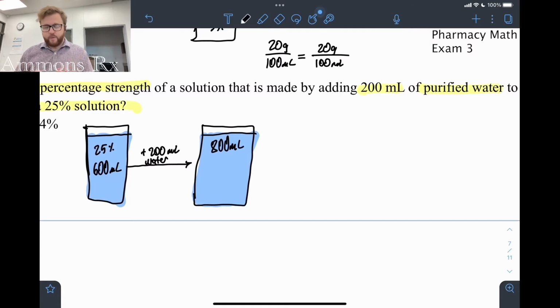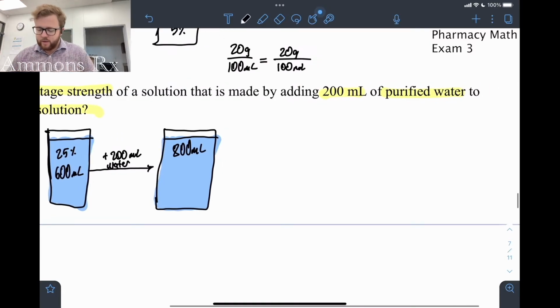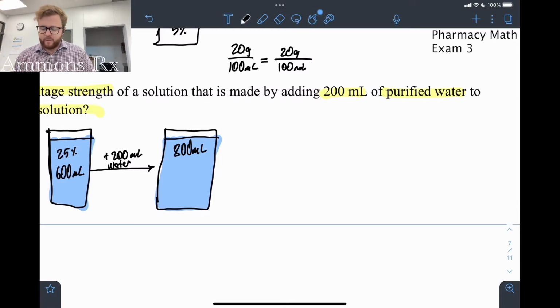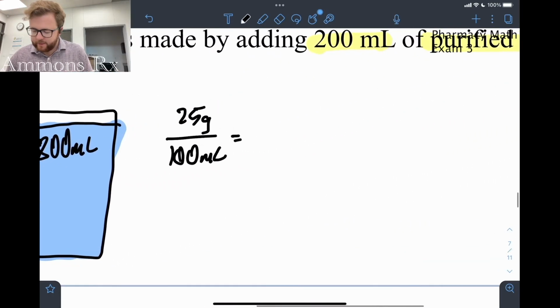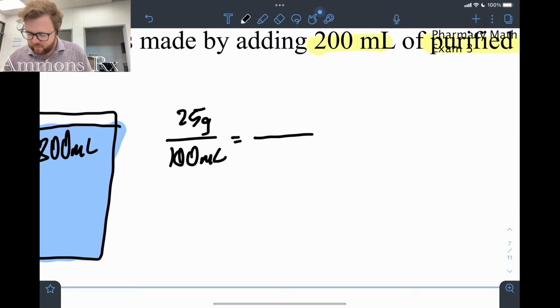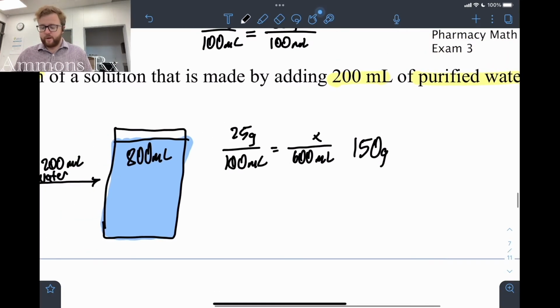So all we did was take our original container, we didn't touch any of the part of the drug, and we added 200 mils of water. So we need to ask ourselves, how much drug was that in the beginning? So our 25% was 25 grams over 100 mils, and we had 600 of it. So 25 times 600 divided by 100 is, we started with 150 grams.